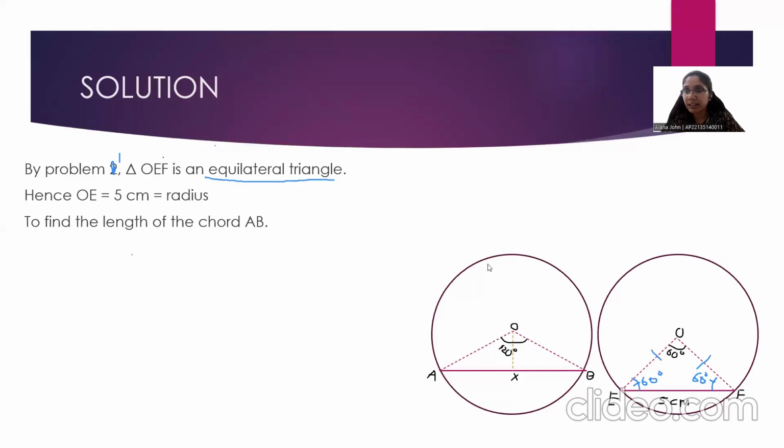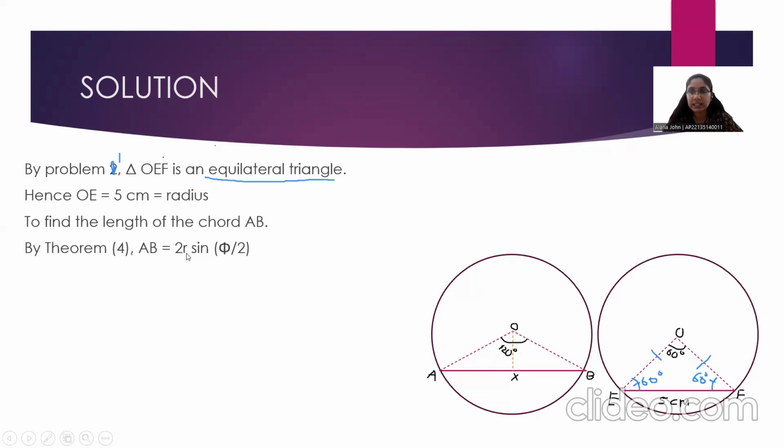But we learned a direct formula to calculate the length of a chord, right? Which theorem was that? Yes, it was theorem 4. By theorem 4, the formula for the length of the chord AB is AB equal to 2R sine phi by 2.